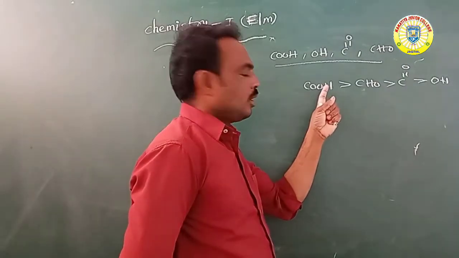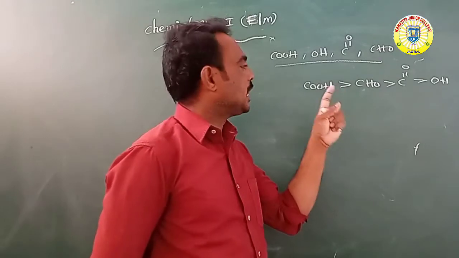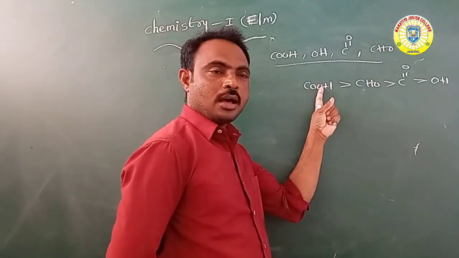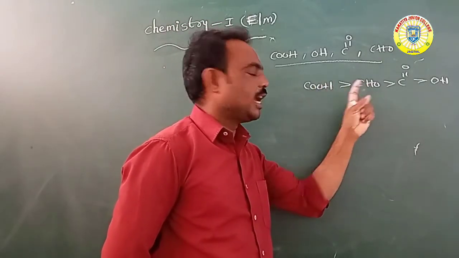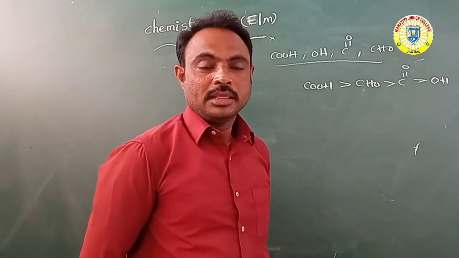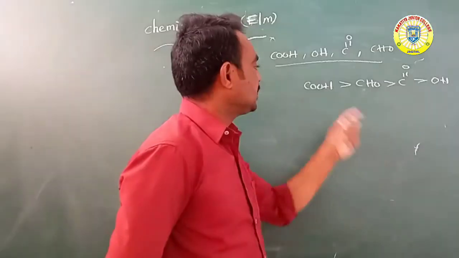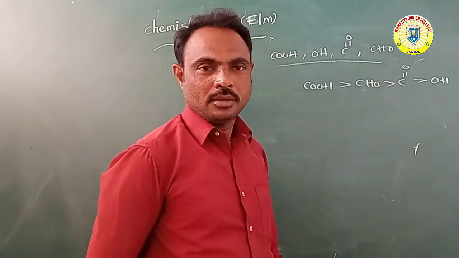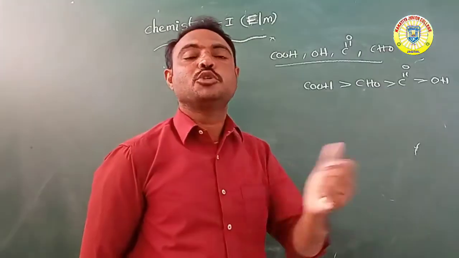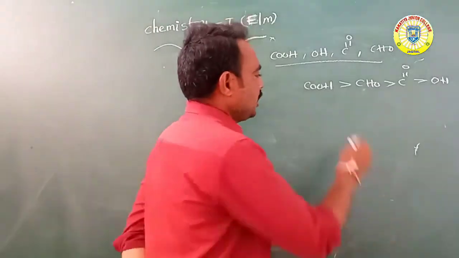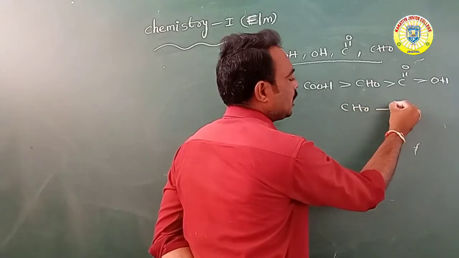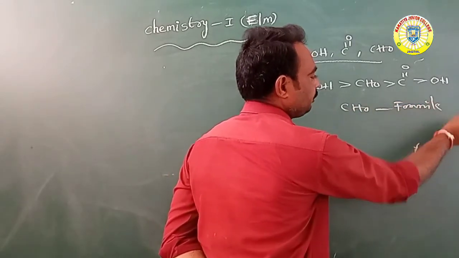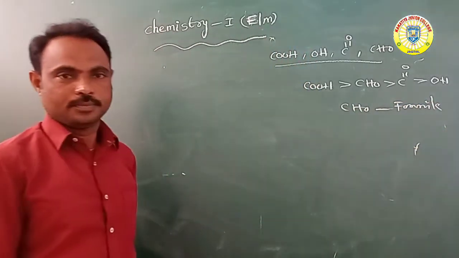Suppose one carbon compound is attached with a carboxylic functional group and an aldehyde functional group. In that case, we give the preference to the carboxylic group side, so CHO is a substituent, and we write the word formyl.